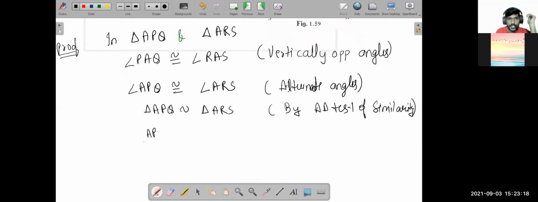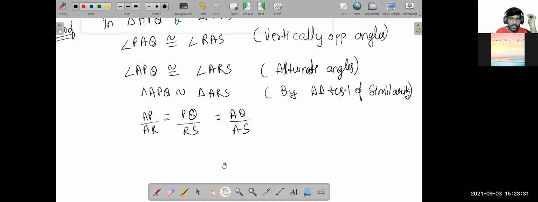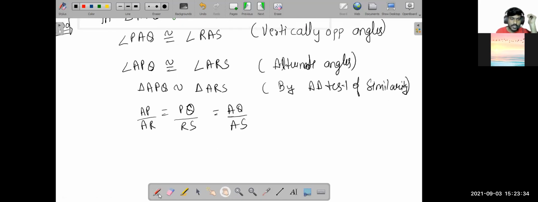So you can say that AP upon AR equal to PQ upon RS equal to AQ upon AS. Okay, so sides are in proportion because they are similar.